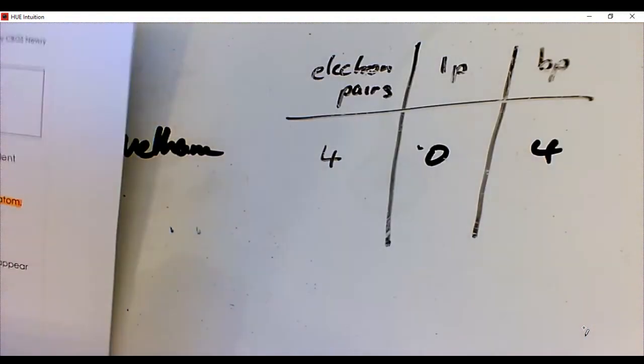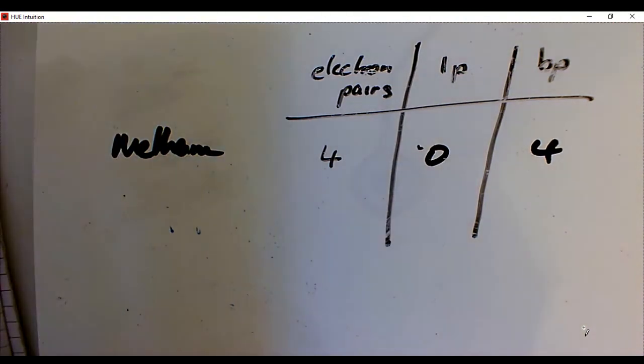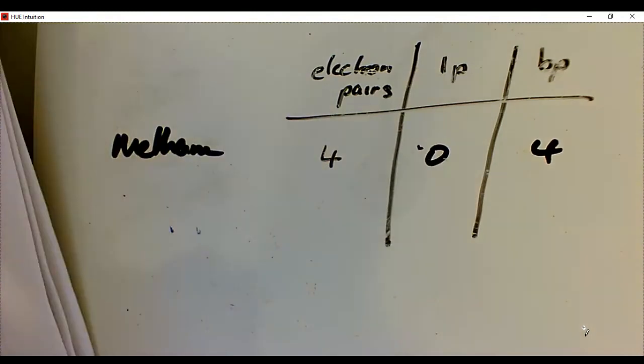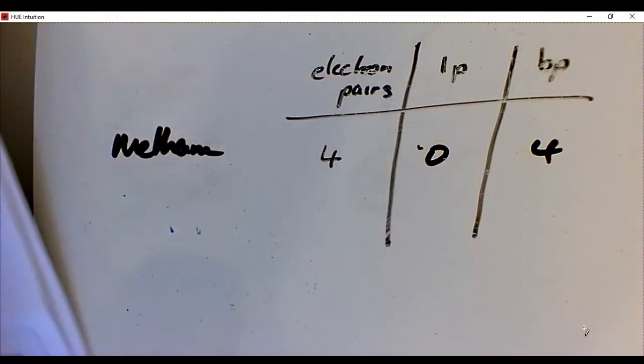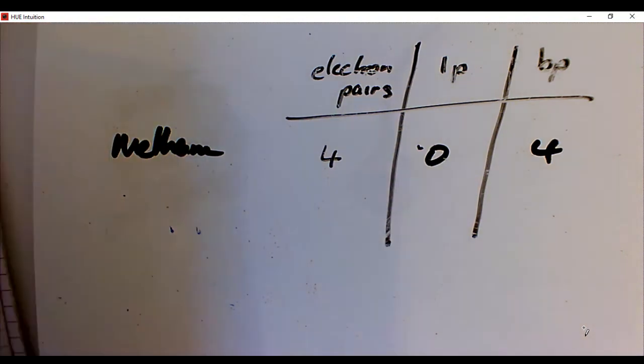Okay, so what I want you to do, and I shall deal with it in the next video, is try it for the molecules that you drew on page 7.